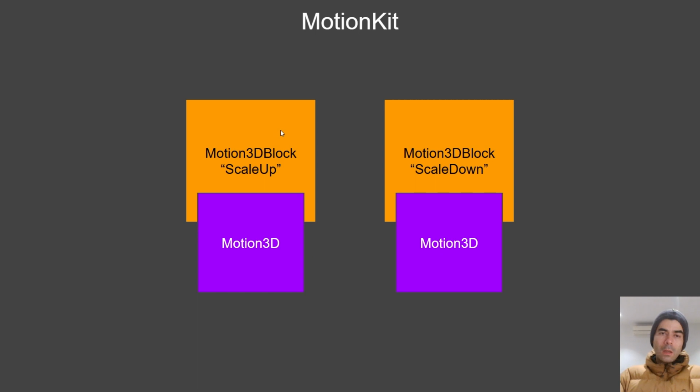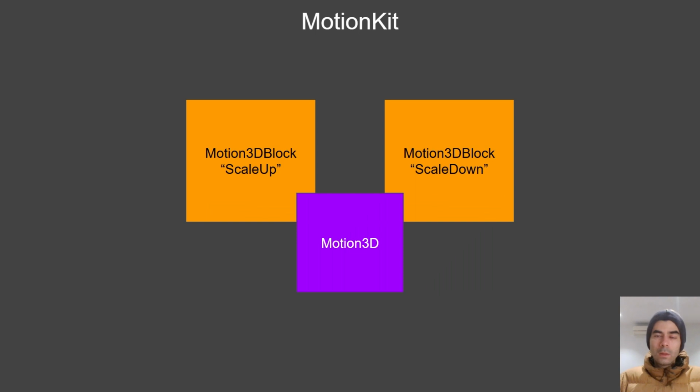In the MotionKit component, the array elements are called motion blocks. In this case, both are motion 3D block, and they contain internally motion objects, which are the ones that actually carry out the animation. So the scale up and the scale down each have a unique motion object, and that's why they conflict with one another, because they are two animations running at the same time.